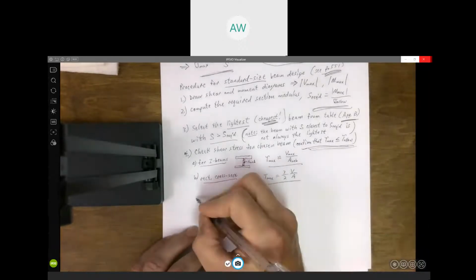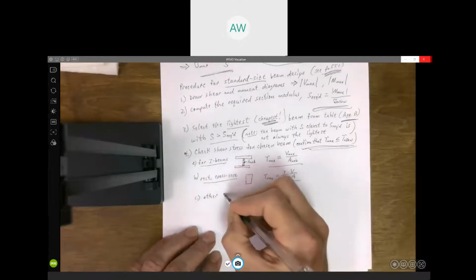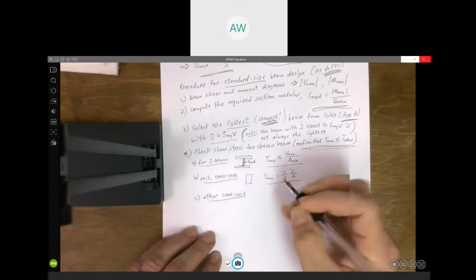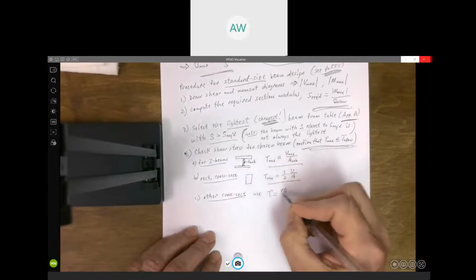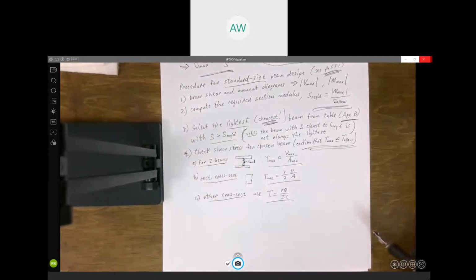Now, if you've got some other cross section, that's where you would have to use tau is equal to VQ over IT. You have to go through and actually calculate what Q is, calculate what I is, and get the maximum shear stress that way.